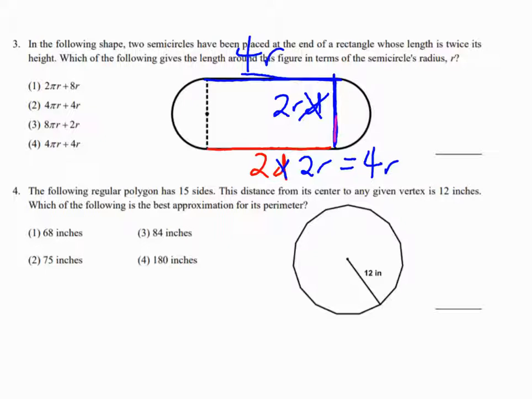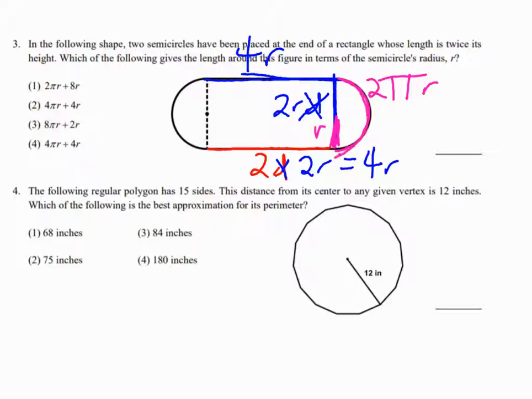This pink part would be 1 radius, and the circumference would be pi times the diameter, or 2 times pi times radius, because the diameter is twice the radius.